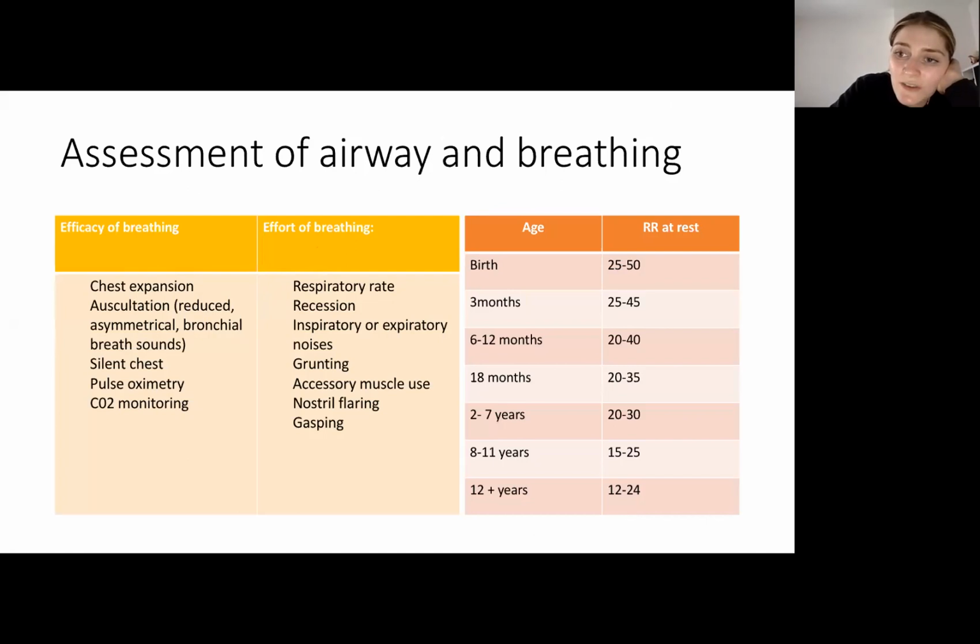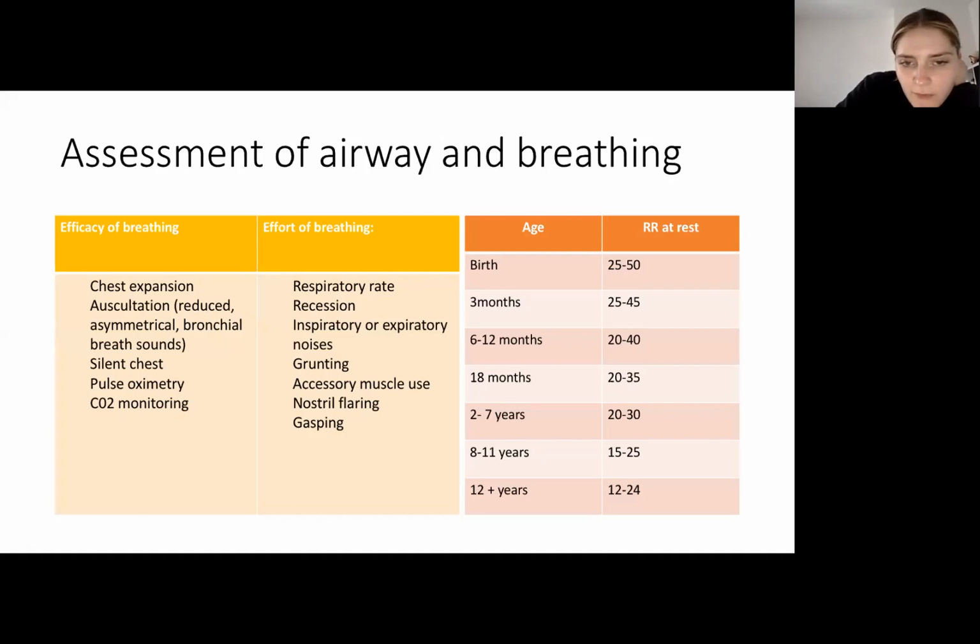Look at their sats on pulse oximetry, a good marker of oxygenation of the cells. CO2 monitoring can also be done, but that's not really done in A&E; it's more ITU, once the ITU team have come down. Unless someone's on ventilation, it's not very accurate.